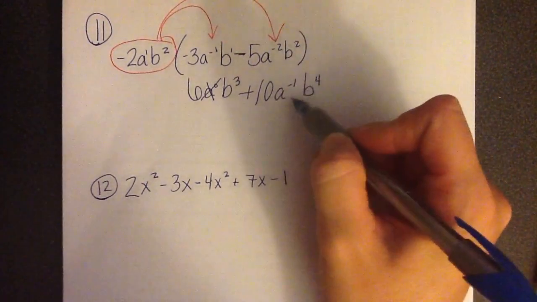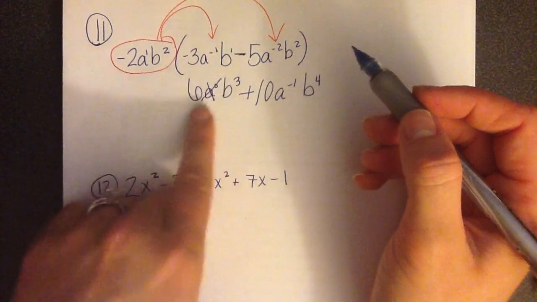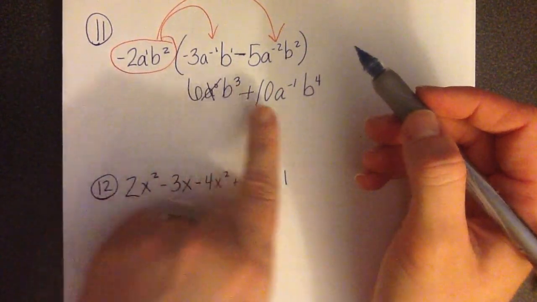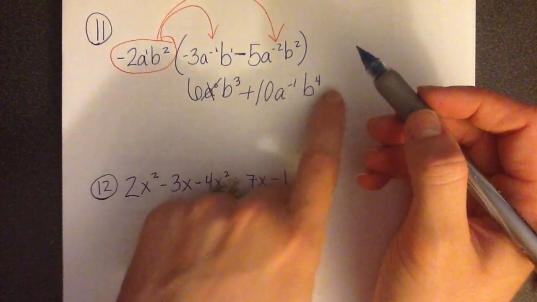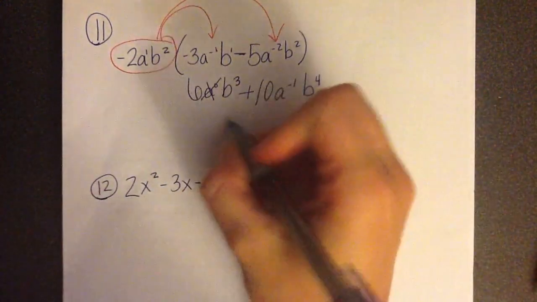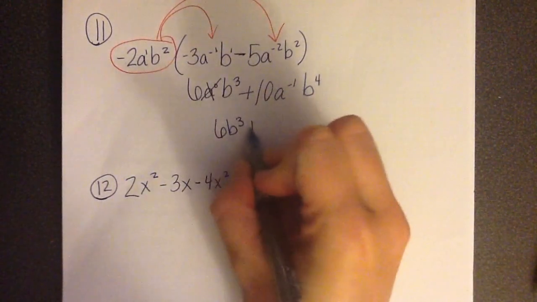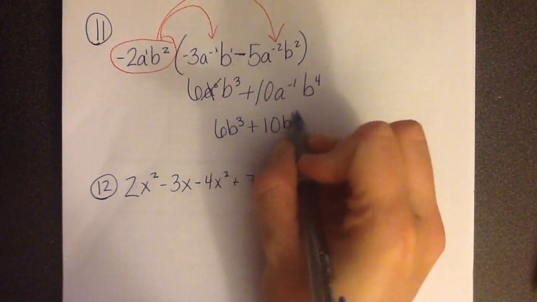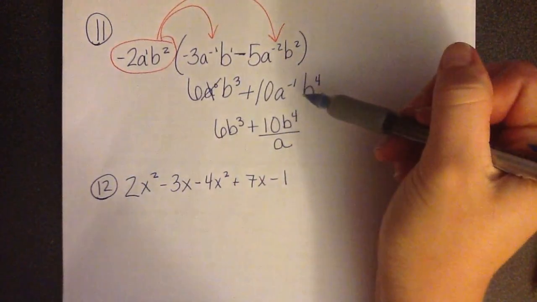Now, we have this negative exponent here. Notice, this is its own term here, 6b to the 3rd. This is a term, 10a to the -1, b to the 4th. So when you rewrite this, 6b to the third plus 10b to the fourth, a is only underneath this second term.